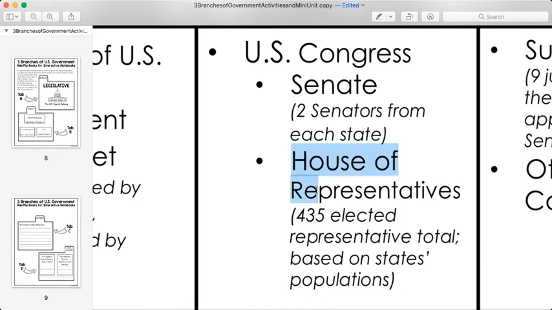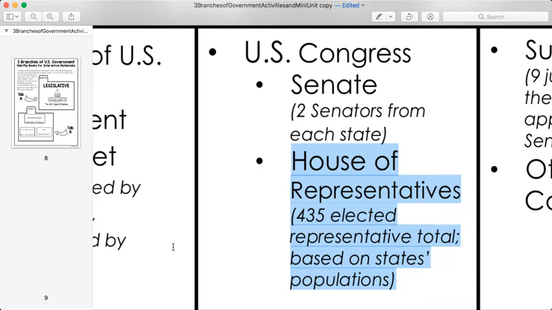And the House of Representatives protects larger states from not getting their voice heard, because they are a larger state with more people within their state that need to be represented.